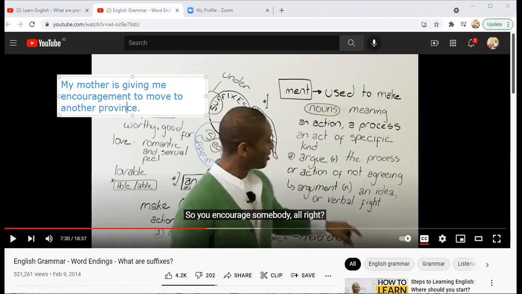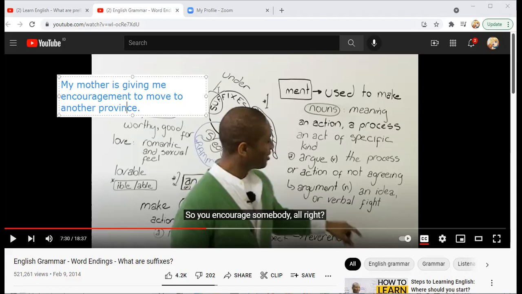It's like a process, right? Encouragement is not something that you just give. Encouragement, jadinya kan kalau misalnya encourage itu kan mendorong ya. Encouragement itu kan bukannya kalau kita mau mendorong seseorang untuk melakukan sesuatu, right?